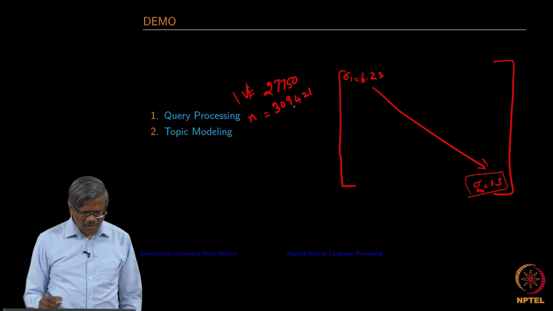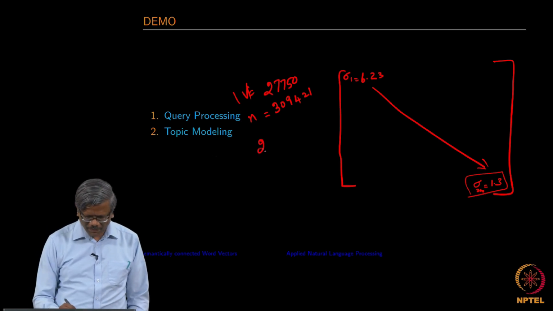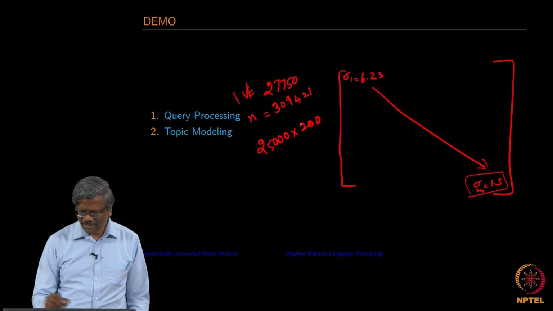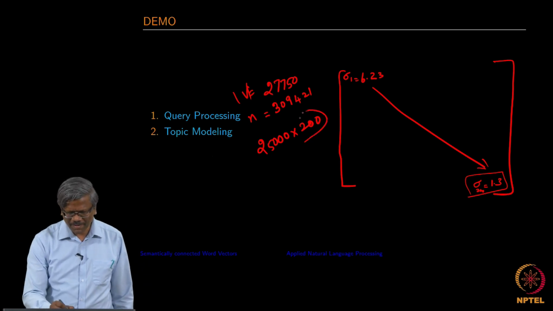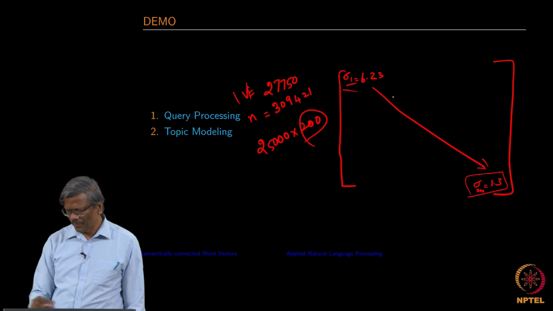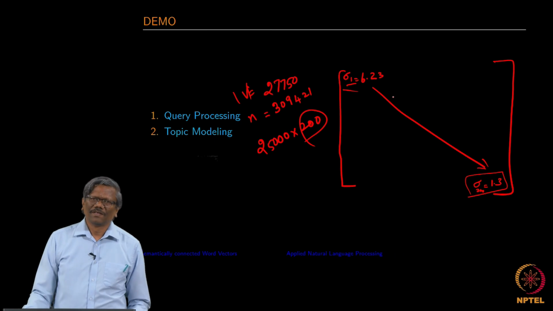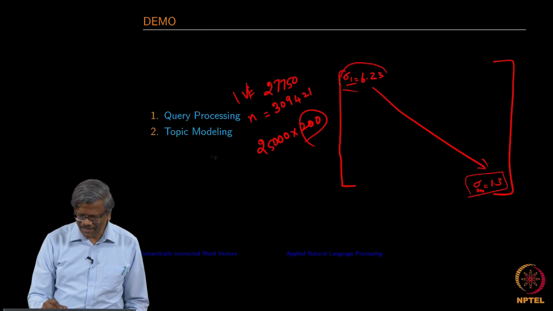So, that is the total count. What we have done is we have taken about 25,000 by 200 as our matrix size, and still the contribution of this sigma all throughout is really corrupting our application. So, how do we get this reduced?